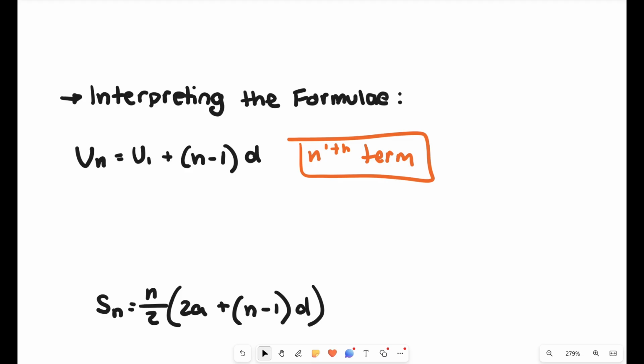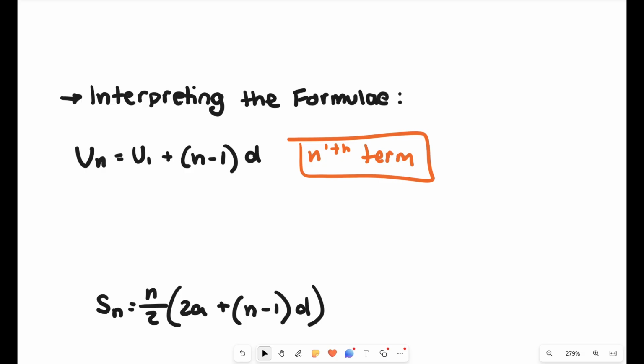So we could have a sequence of numbers and we're looking for the fifth term within the sequence. N in this case would be 5. If a question asks you to find, let's say, the 21st or the 170th term within the sequence, this formula will help you find it if you have all of the components of the formula.